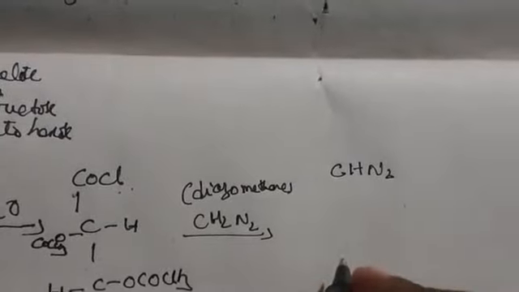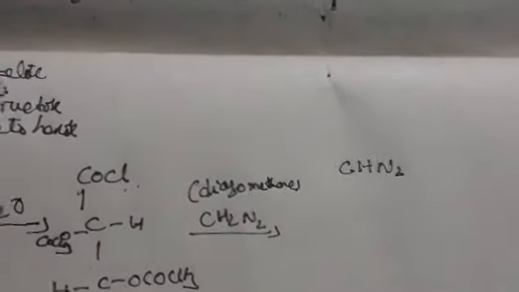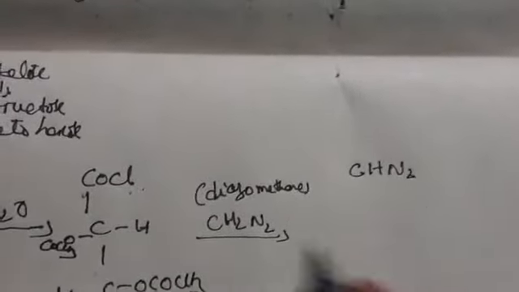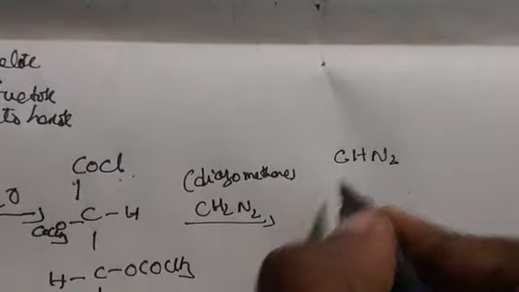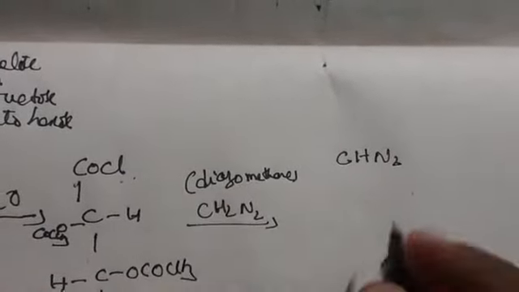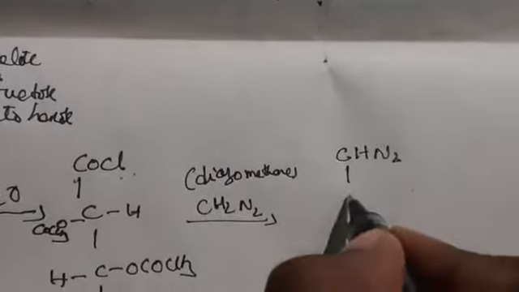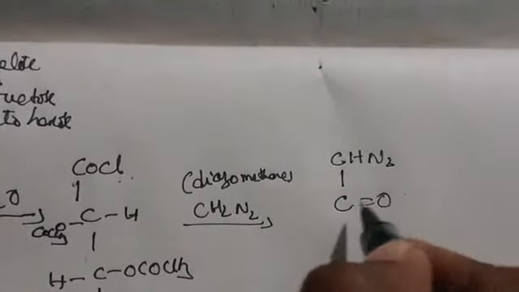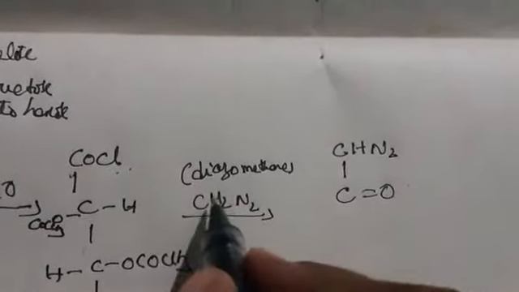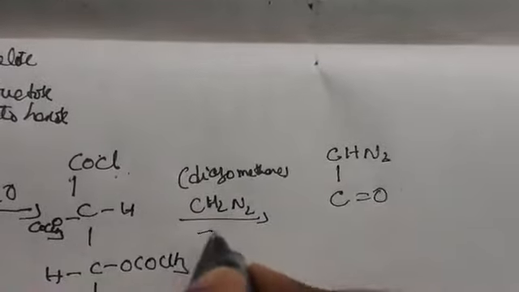There will be a loss of water molecule, this H plus, and second one C double bond, where you are going to get here H plus and Cl. Minus HCl lost means what? CHN2 left, that's CHN2 and C double bond O.